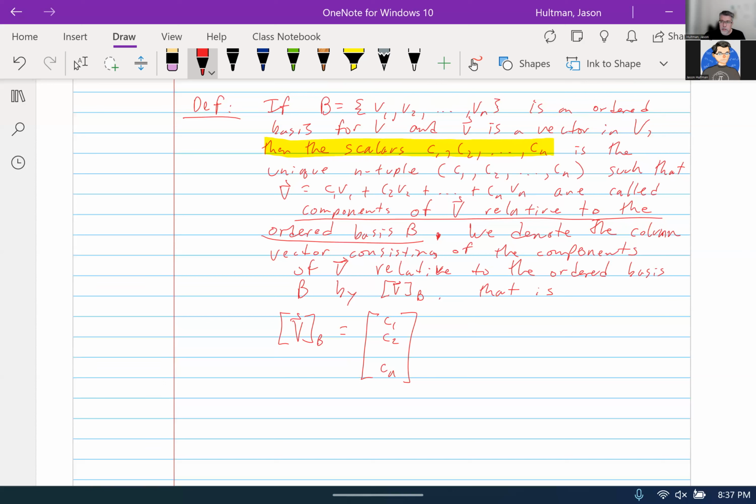So there's certain scalars that we would get that would create that vector from that basis.